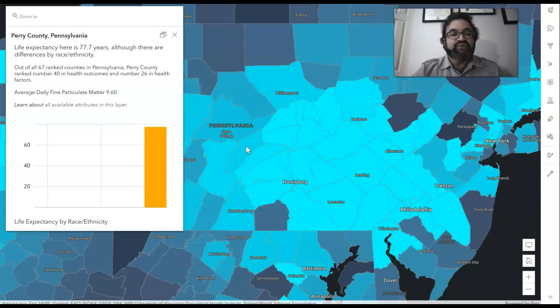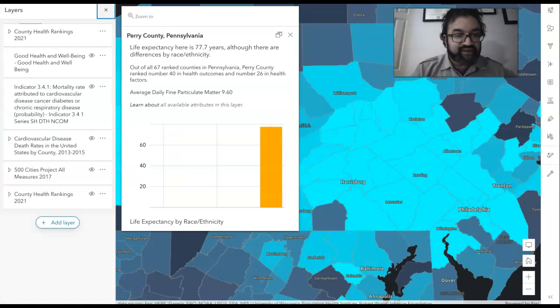So I would encourage you, similar to the approach that I took in exploring these different areas and seeing the different fine particulate matter, to then go back to the original cardiovascular disease map and compare the cardiovascular disease mortality map. We can quickly take a look at that one.